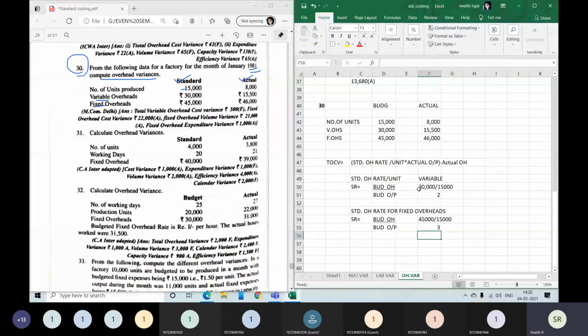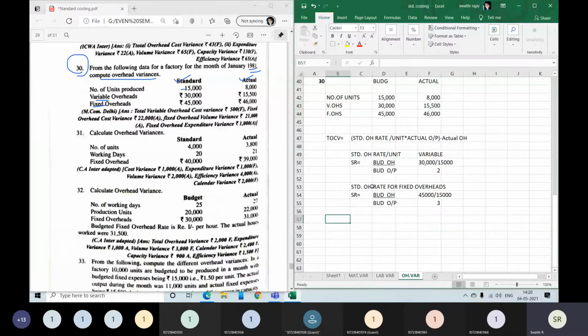So now you have got your standard rate for variable and fixed. Here, I'll write for the first one and show you how. The next one will be done the same way. So total variable overhead cost variance is equal to, now I'm applying these values into the formula. What is your standard variable overhead rate? Rupees 2.